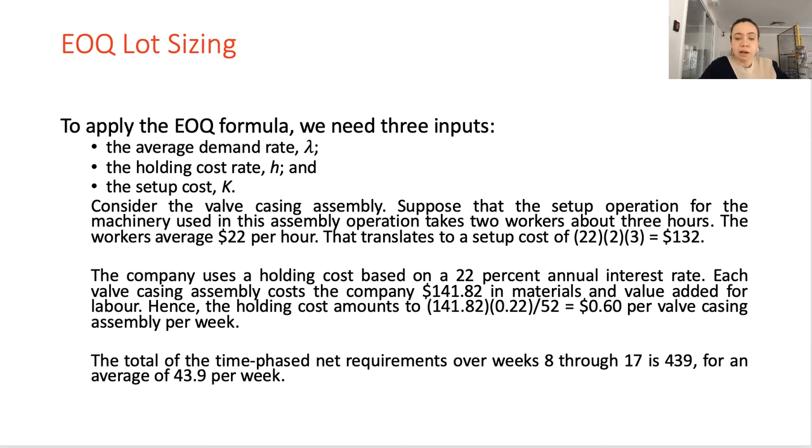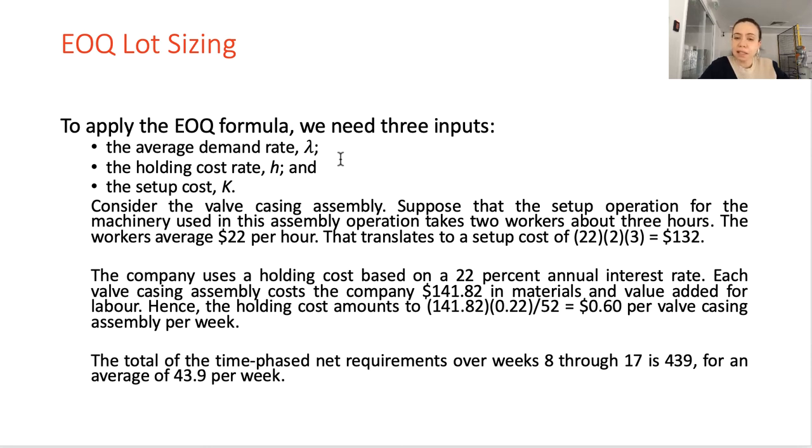Again, here our aim is to create this balance. With the EOQ formula, we will determine our production amounts. We have three inputs for the EOQ formula: the average demand rate lambda, the holding cost rate h, and the setup cost k.